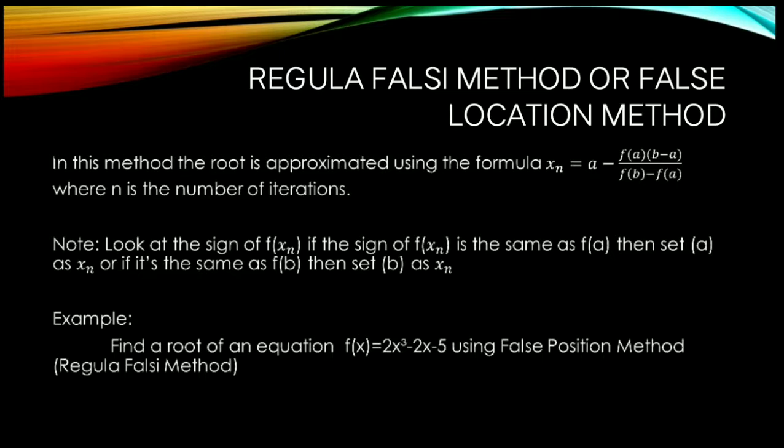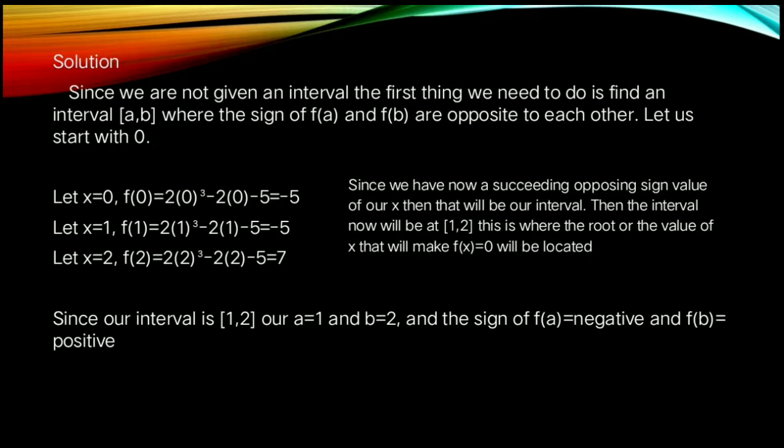For example, find a root of the equation f(x) equals 2x cubed minus 2x minus 5 using the false position method or regula falsi method. Since we are not given an interval, the first thing we need to do is find an interval a, b where the signs of f(a) and f(b) are opposite.